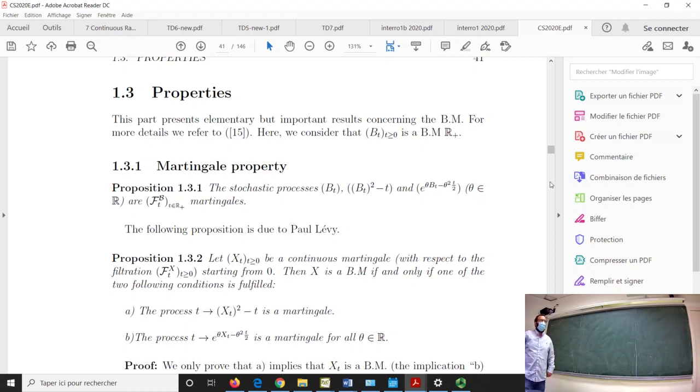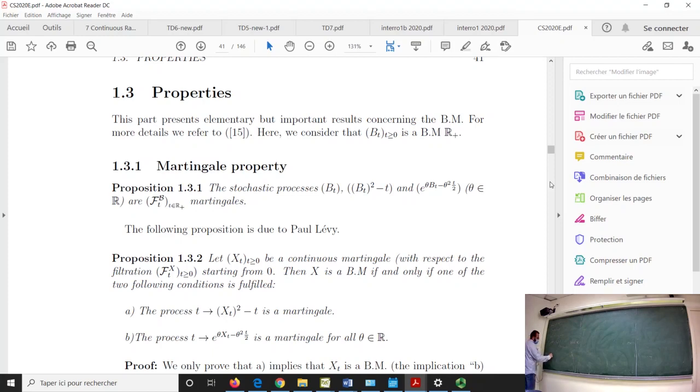So I have B_t, B_t squared minus t, and exponential of theta B_t minus theta squared t over 2, for all theta belonging to R. Here I have 3 examples of martingales.